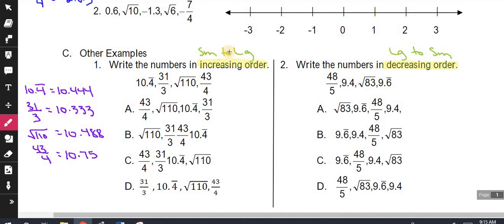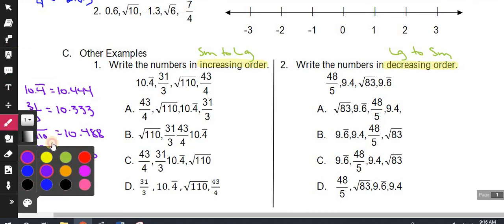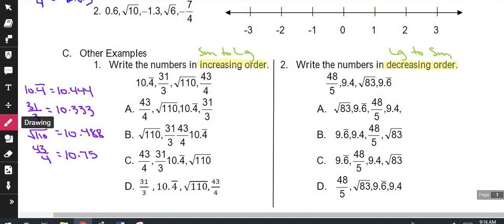So we want to go small to large. Let's start by comparing our tenths place. The tenths place is the first digit after our decimal point, because they're all starting with the whole number of 10. So now I'm just going to label what comes first, second, third, and fourth. Our smallest number will be this 10.3333 because the 3 is going to be our smallest.